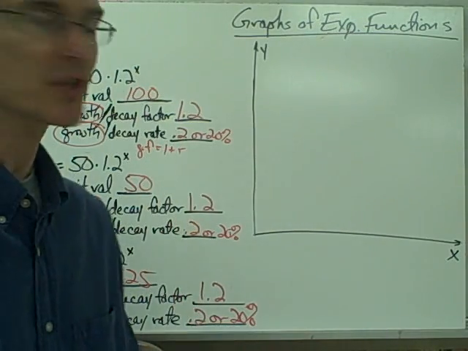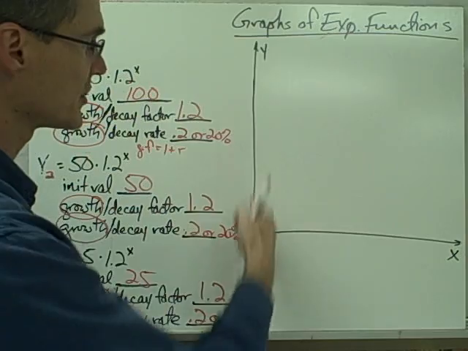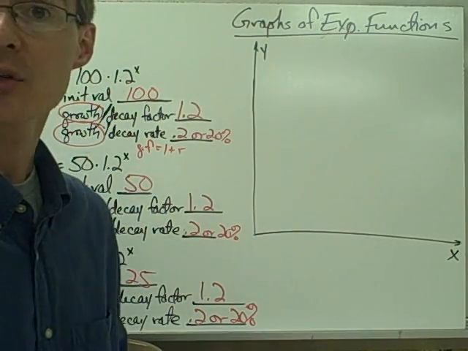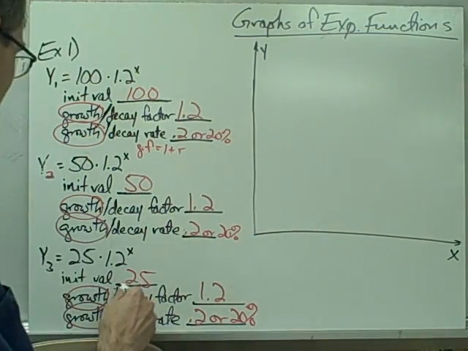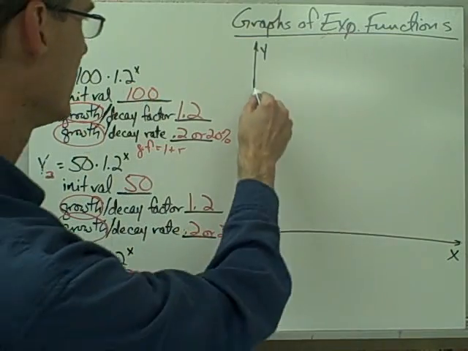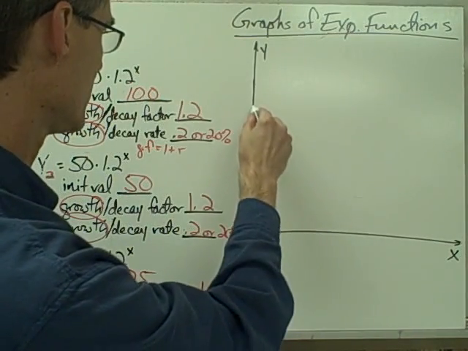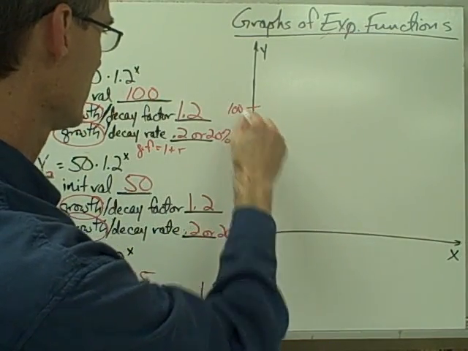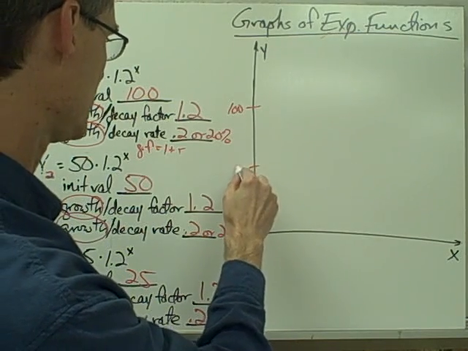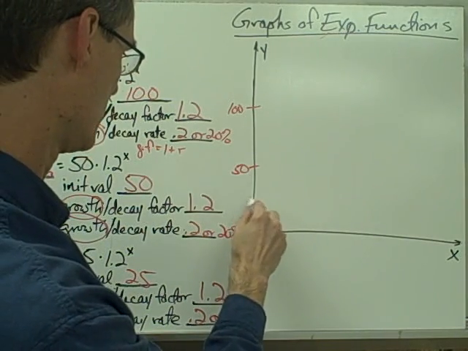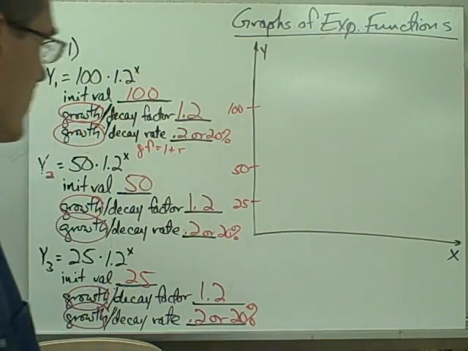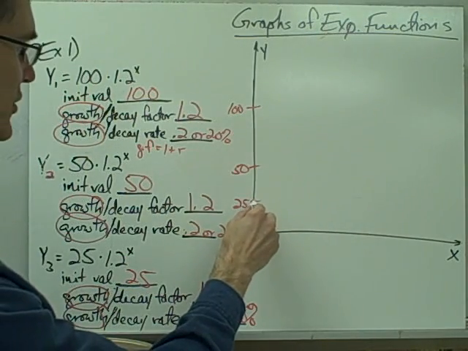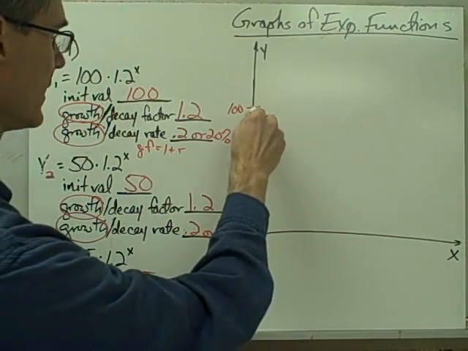Remember, the initial value is just the value of a function when x is equal to 0. In other words, that's the y-intercept or vertical intercept. So 25, 50, and 100, let's say 100 is right here, and 50 is right here, and 25 is right here. So this is the starting point for each one of my graphs.